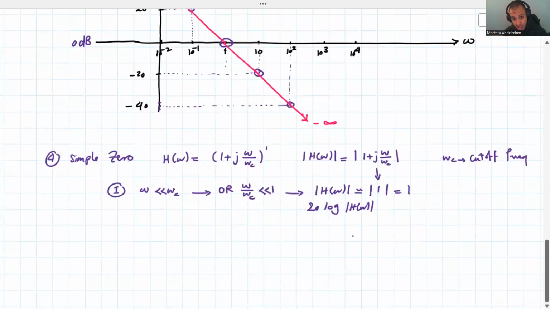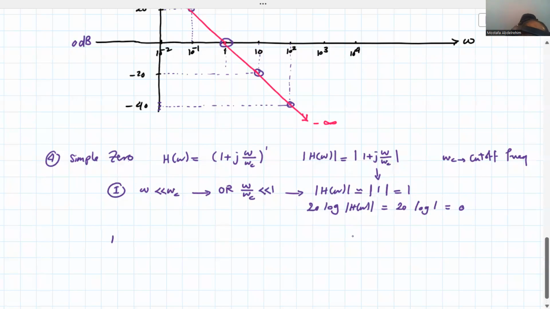Remember, we draw on a logarithmic scale, as we discussed last time, which is different from the normal scale that we see in Cartesian axes x and y. I'm gonna explain it again in a minute. So it's equal to 20 log 1. Log 1 is 0, so 20 multiplied by 0 is 0. Okay, that's the first case.